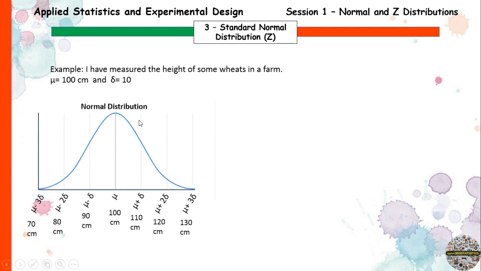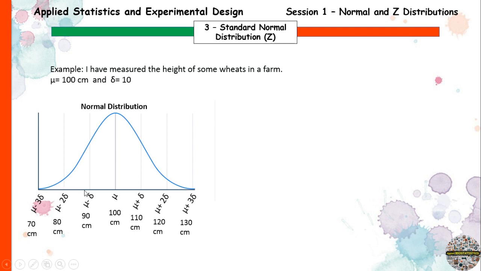If I draw a plot of my measurements, you will see that something like that happens. My mean is 100, and roughly 100% of my measurements are between 70 centimeters and 130 centimeters, as we discussed.